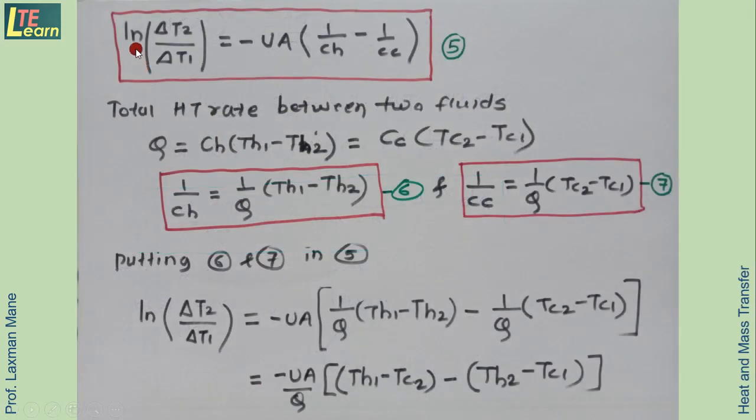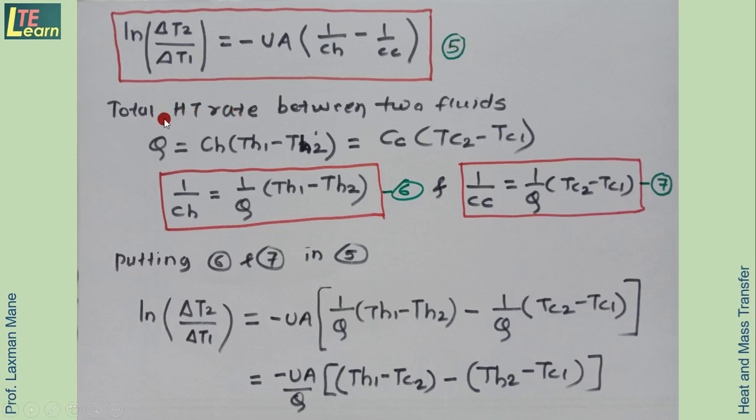So here natural log of delta T2 upon delta T1, these are the limits we have put in the integration output, is equal to minus UA into this bracket. Integration of dA came here as A. So this will be equation number 5.